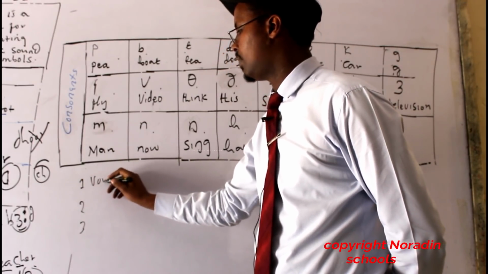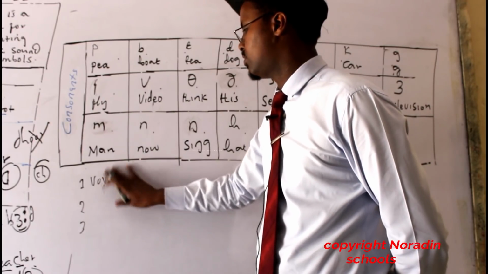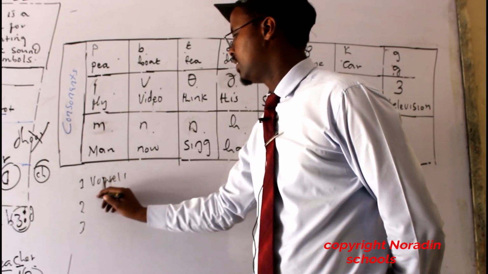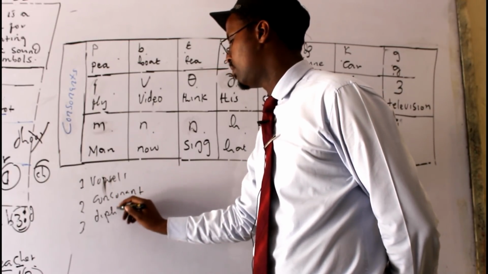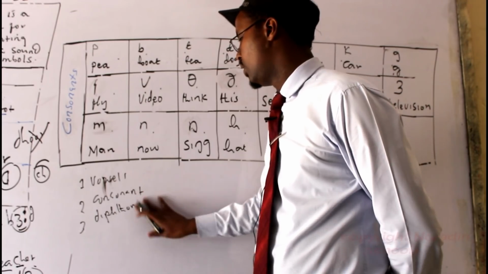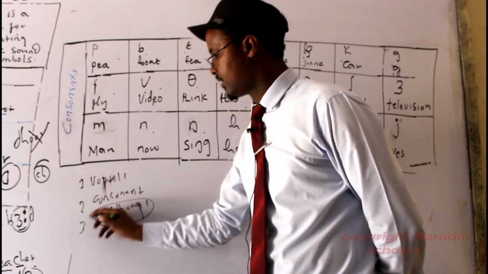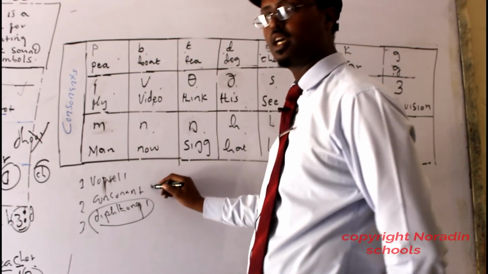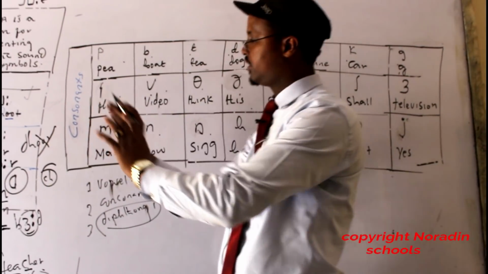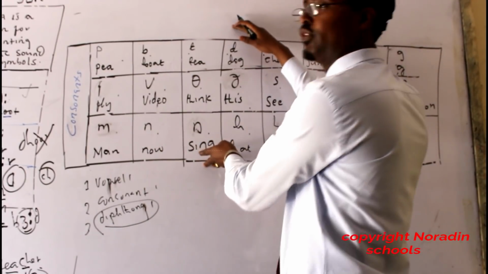The vowel pronunciation, the vowels, the consonants, and the diphthongs. So, inshallah, we will master the diphthongs the next class. But today we are going to master the vowels and the consonants. We have studied the vowels and now we will move to consonants.